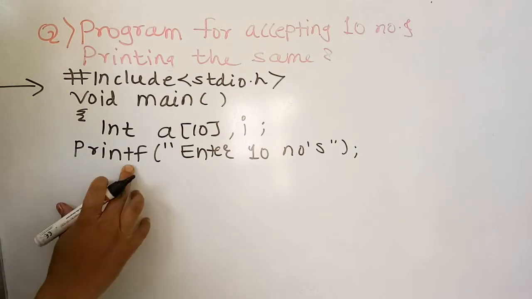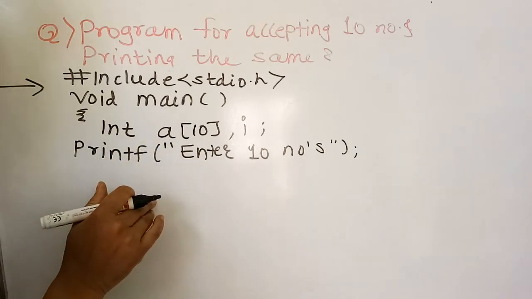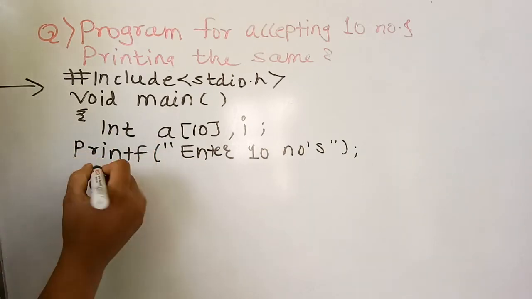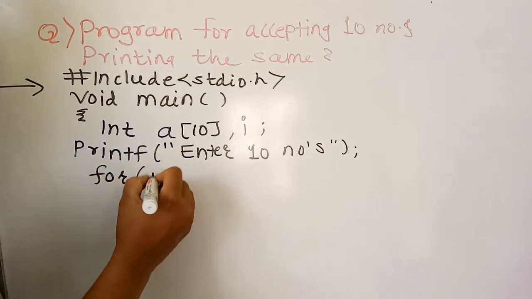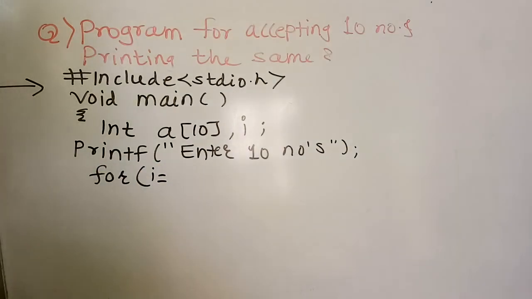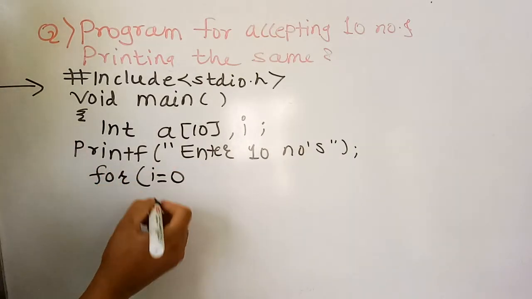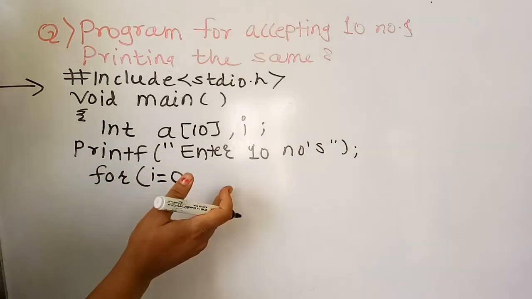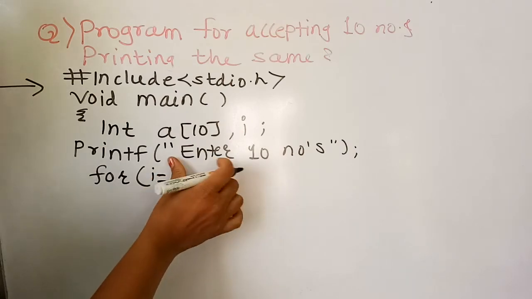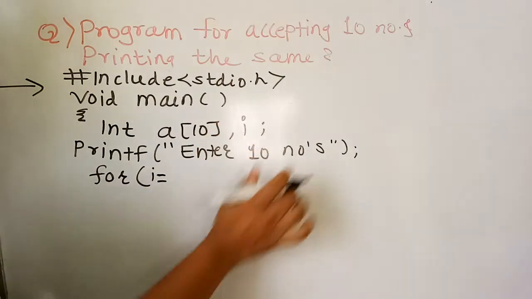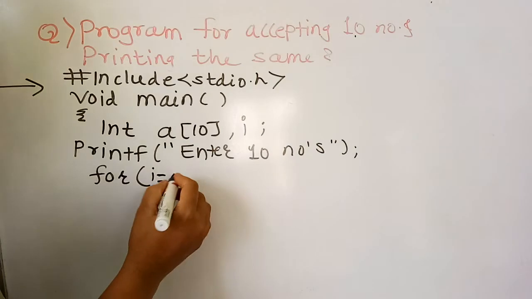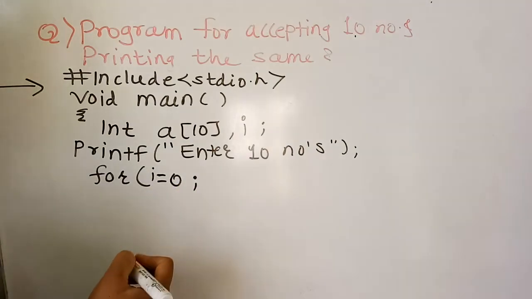So here we are going to accept 10 numbers from the user, so we will create a for loop. For i equals 0, because every array index must start from 0. It is compulsory; if you start with 1, then you have to accept actually 10.